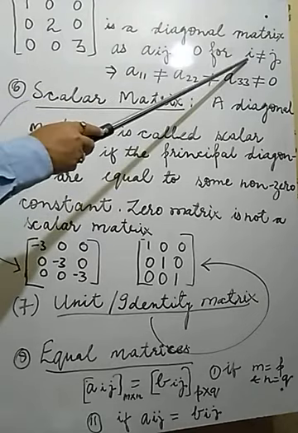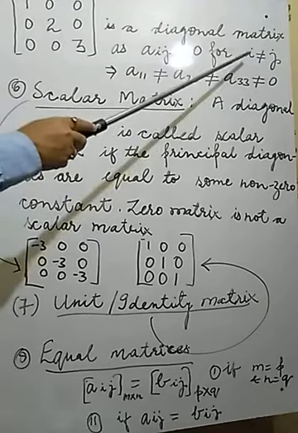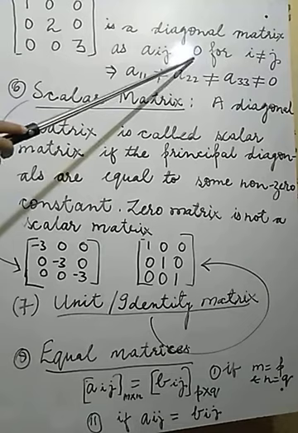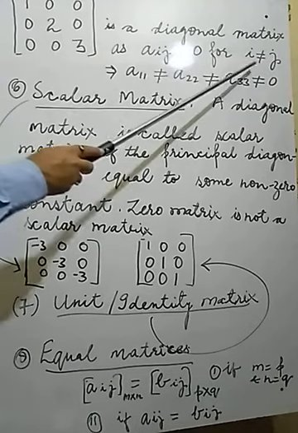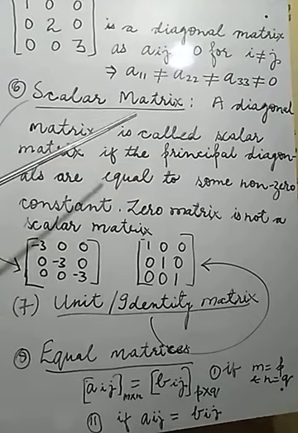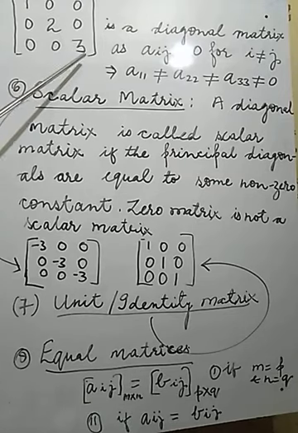Where i and j, the row and column, are not equal, all those elements will be 0. Where i and j are equal, they will not be 0. For example A11, A22, A33 are not 0 and the rest of the elements are 0. So this one is a diagonal matrix.